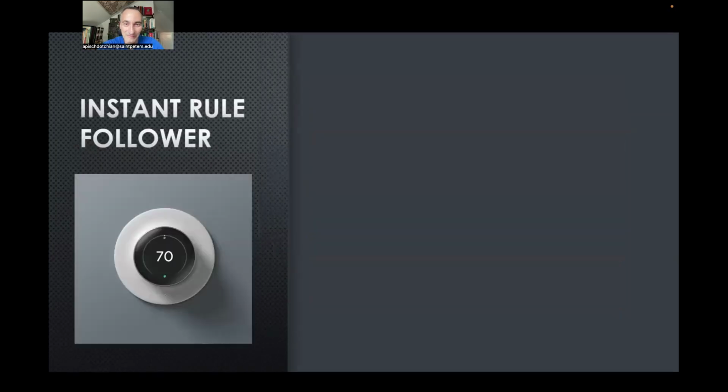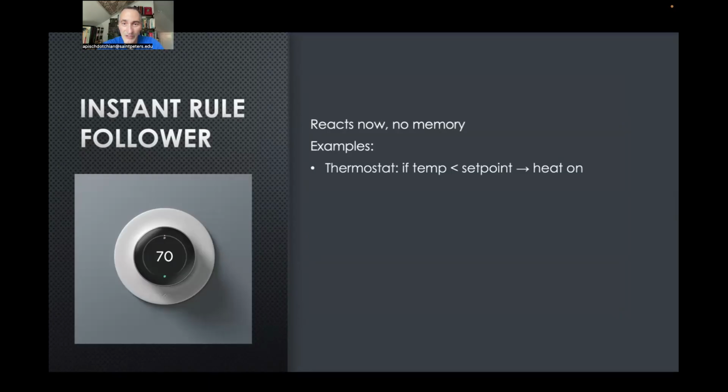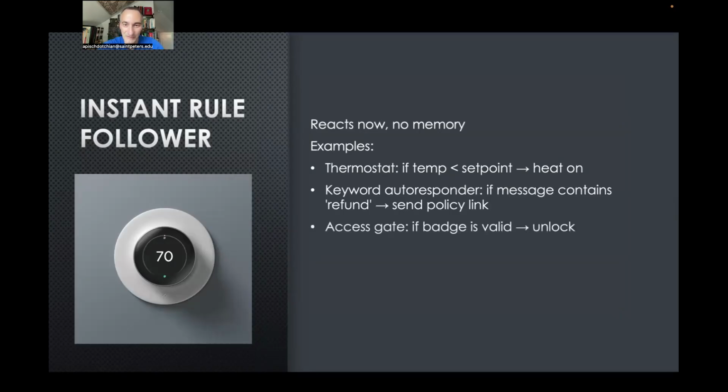Let's begin. The instant rule follower reacts now. It has no memory. Here's an example. The thermostat. If temperature is below a certain set point, heat on. Keyword autoresponder. If message contains refund, send a policy link. Who's a favorite of yours?